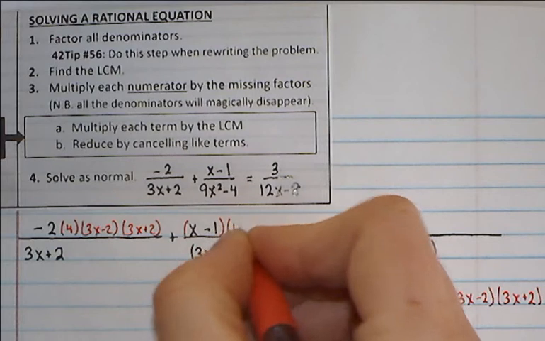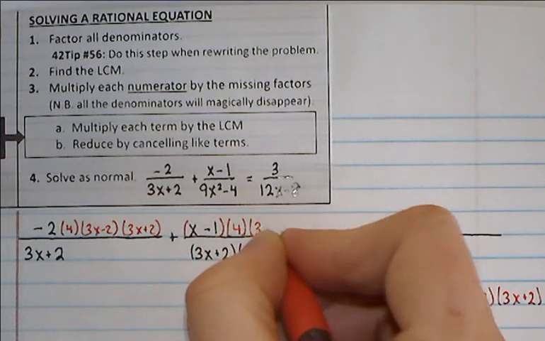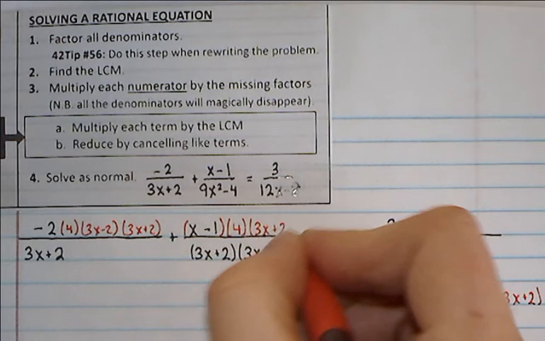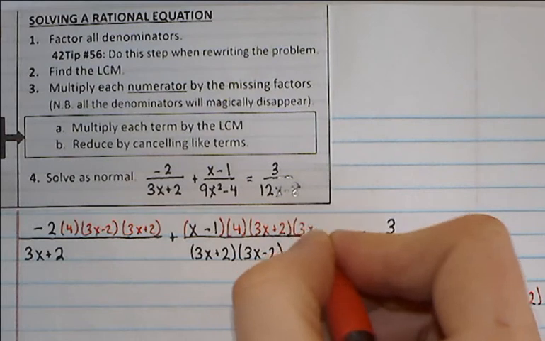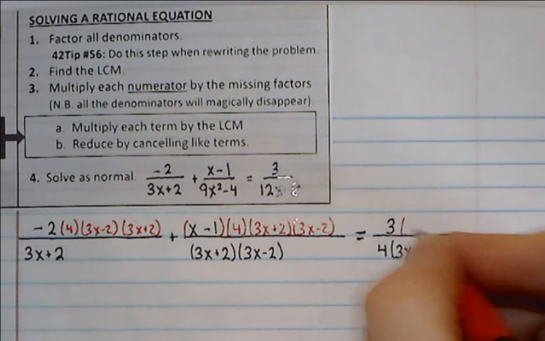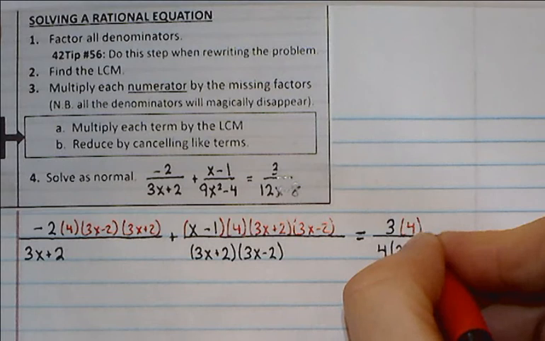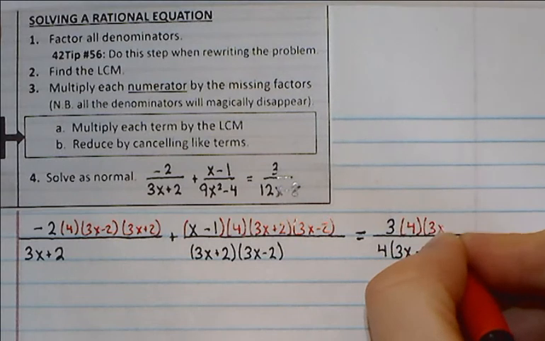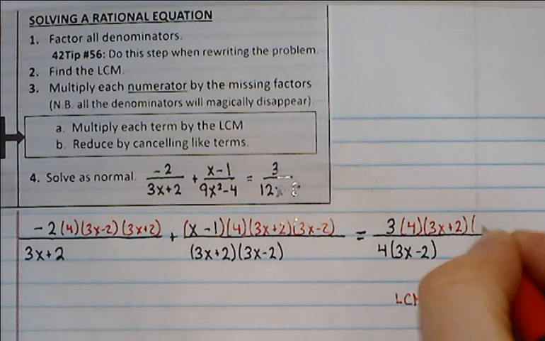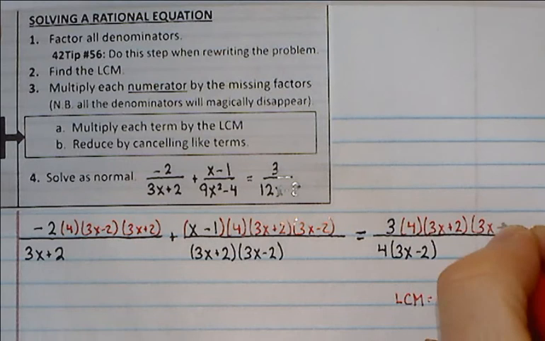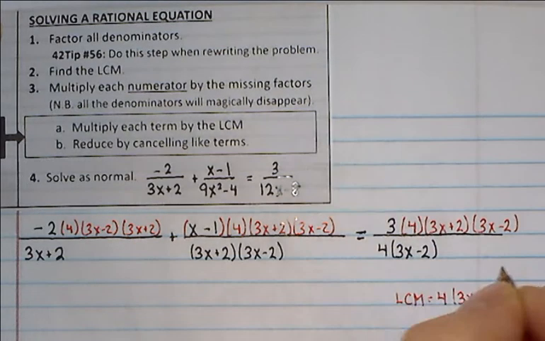So every term is going to get multiplied in the numerator, the LCM. So I followed all of the rules. Same thing to both sides, distribute where necessary.